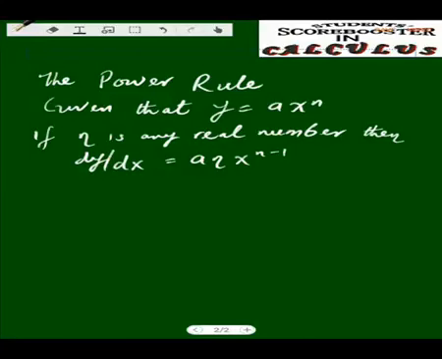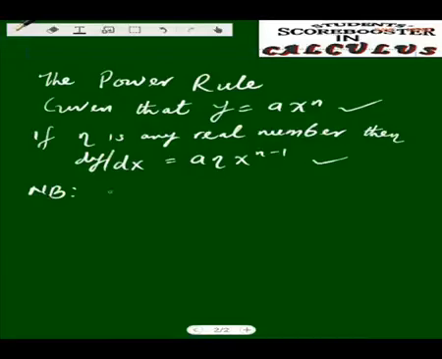Please take note of this. If y is equals to ax raised to power n is what is given, if you differentiate it, the formula you are going to use is this. And take note of this. The derivative of a constant is 0.